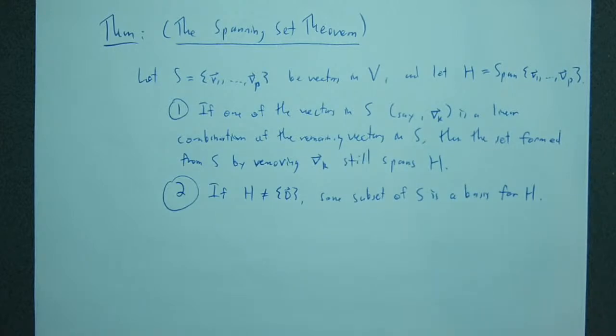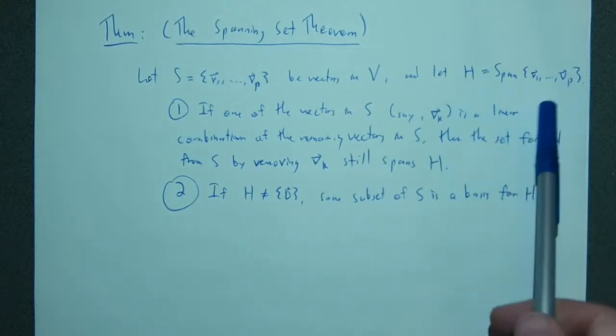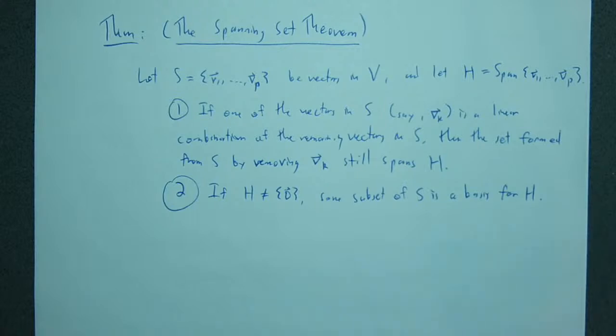Okay. The second part is that if the subspace spanned is not the zero subspace, then some subset of S is a basis for H. So if you repeat this process in one, which yields a pretty crude process, you can look at your list of vectors that span H and ask yourself, is that list linearly independent?